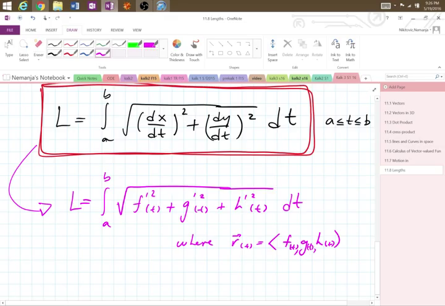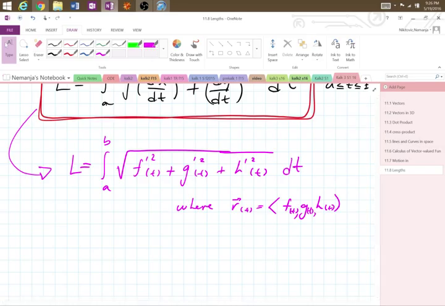So it's such a subtle thing, but you see that this is actually the integral of the magnitude of the velocity. Do we see that?